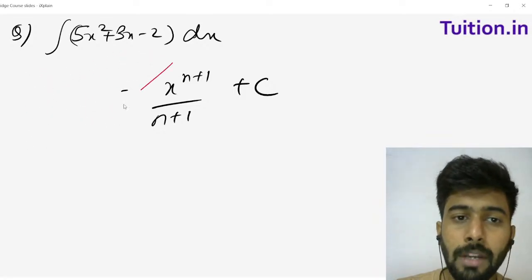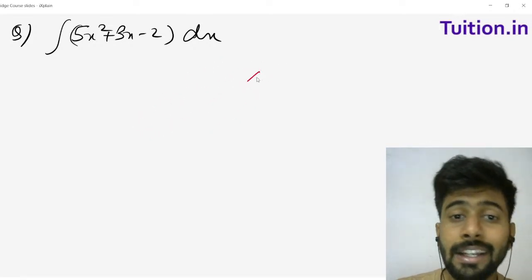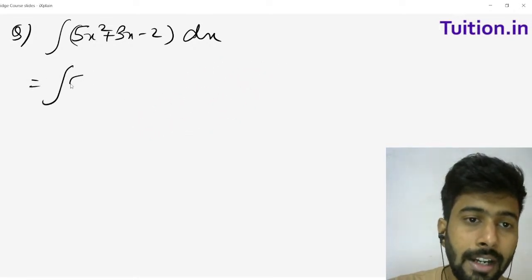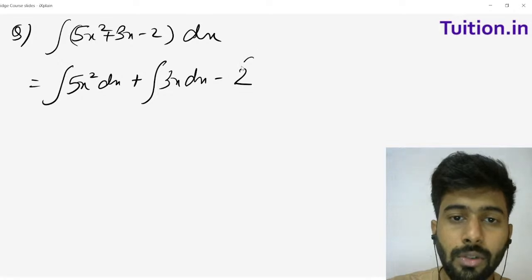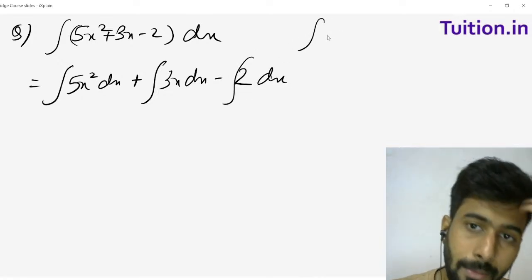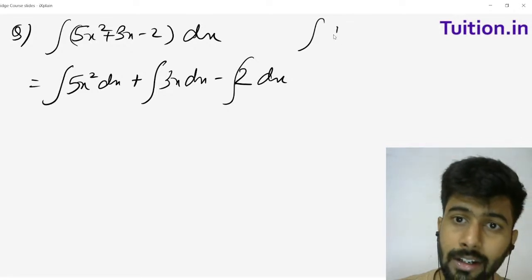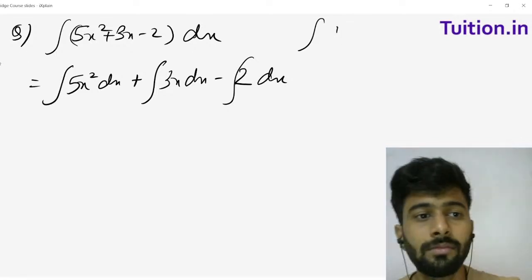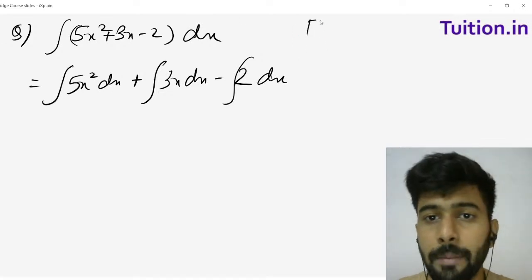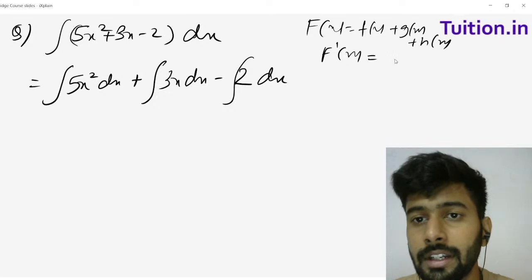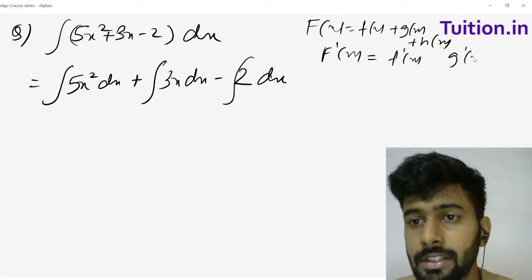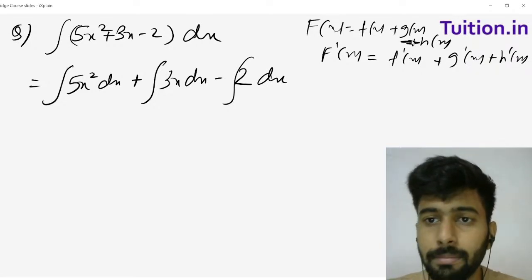First of all, whenever you have a plus or a minus, just like differentiation, you can split it. You can write it like this: 5x square dx plus 3x dx minus 2 dx. Remember, if a function capital F was nothing but small f plus g plus h, then when you differentiate, you can differentiate f separately, g separately, h separately, and you can add or subtract them as in the parent function, right?